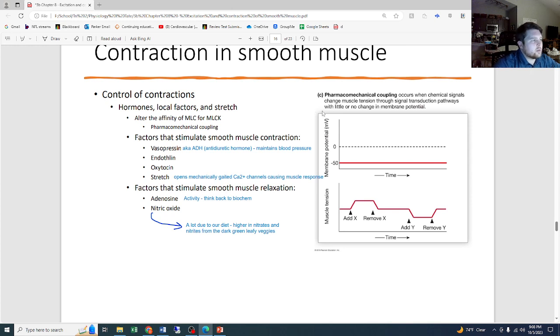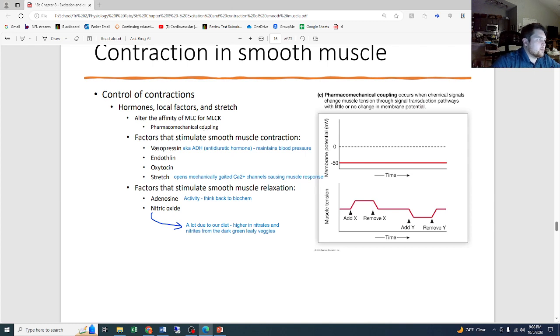And there's something called pharmacomechanical coupling. This occurs when chemical signals change muscle tension through signal transduction pathways with little or no change in the membrane potential. So here we have muscle tension. We can add and remove the different bits and pieces of this, so we can have hormones, local factors, or stretch acting at different times where the membrane potential really isn't affected, but it does cause changes in our muscle tension.